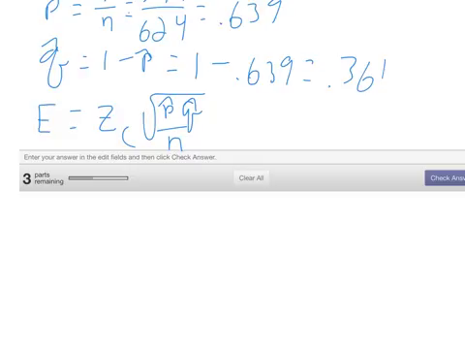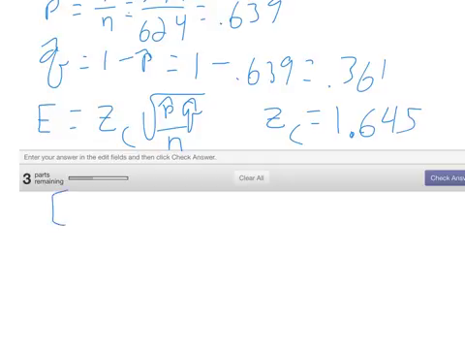So for this particular problem, we've got p hat, q hat, and n. For the z-score, if you look it up for a 90% confidence interval, it is 1.645.